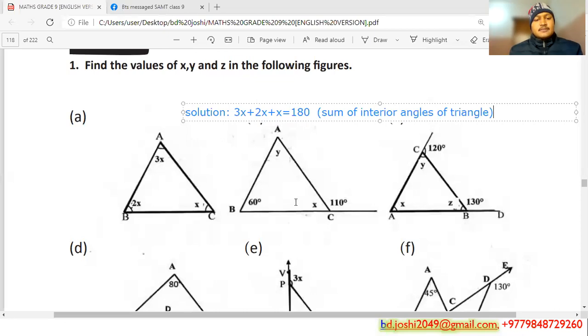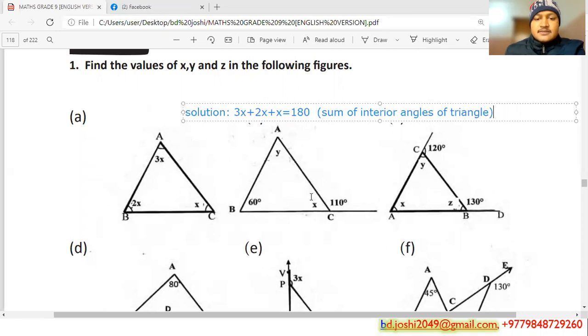Similarly, look at the second one, question number B. x plus 110 is equal to 180. Am I right? Yes, sir.